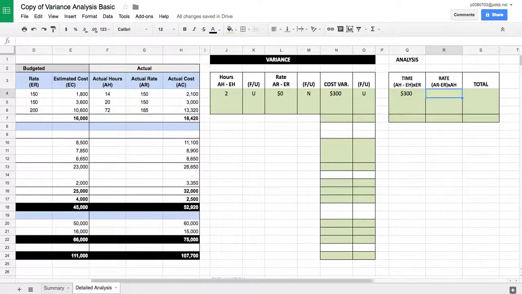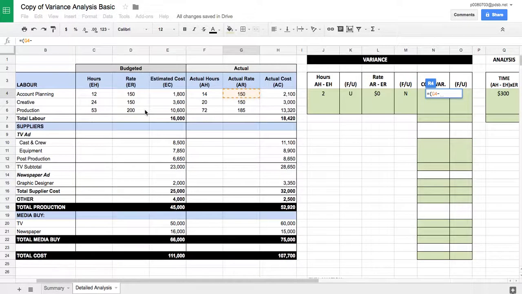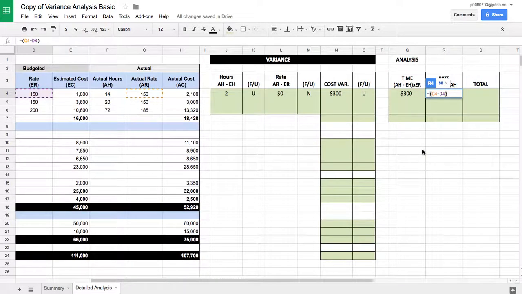But just mathematically, if we wanted to, again, if we wanted to do our actual rate, okay, minus our estimated rate, okay, and we're going to multiply it by our original hours.